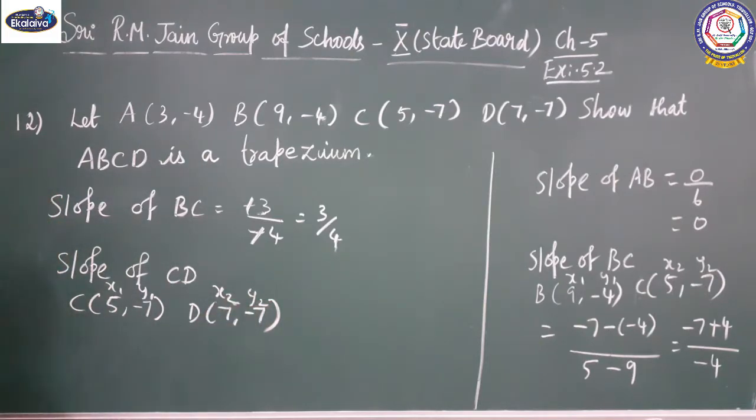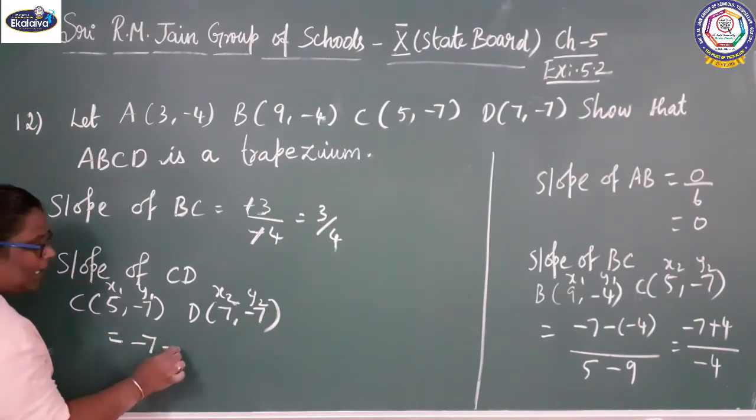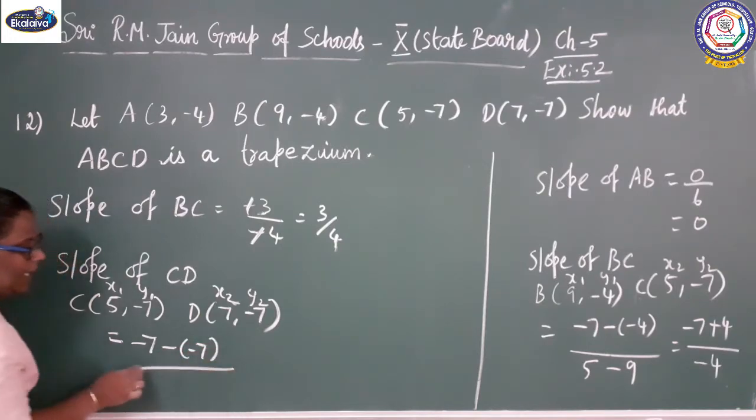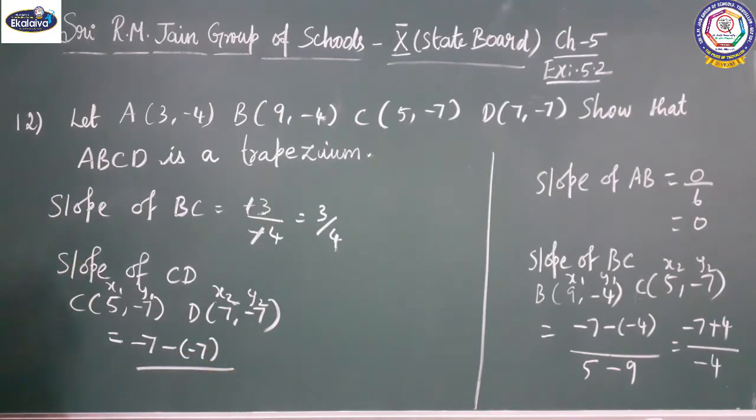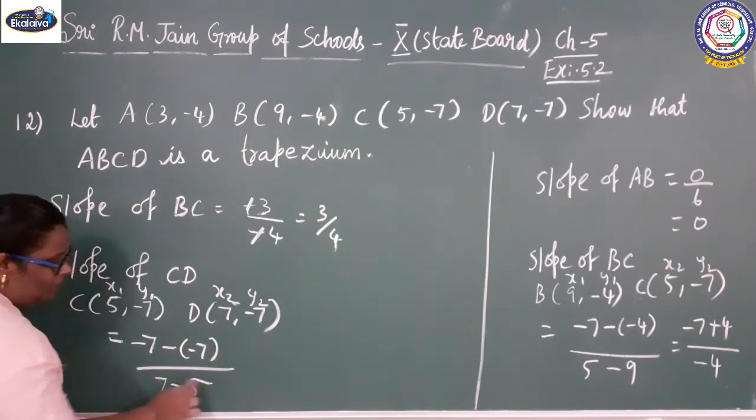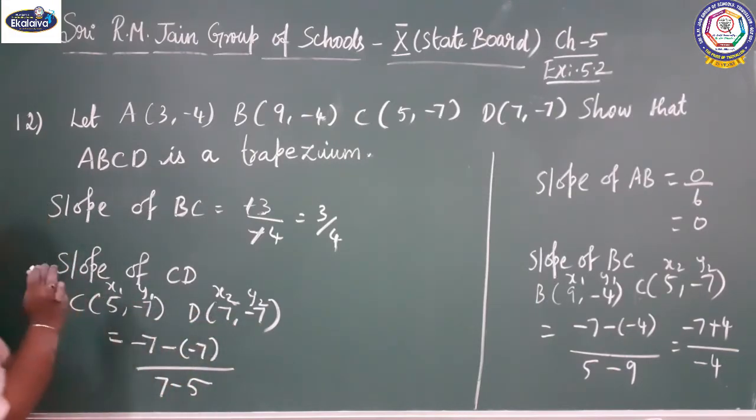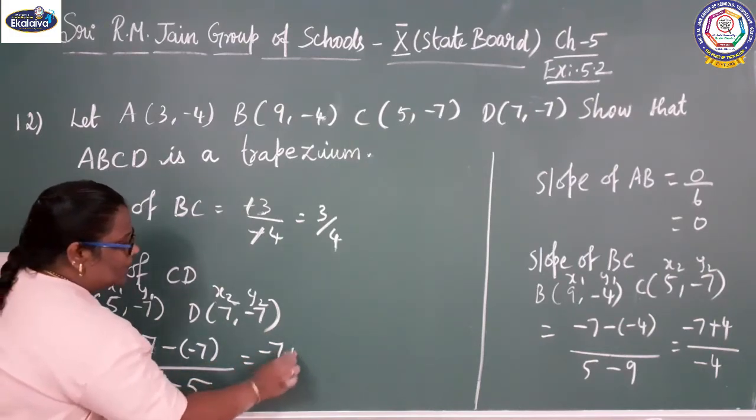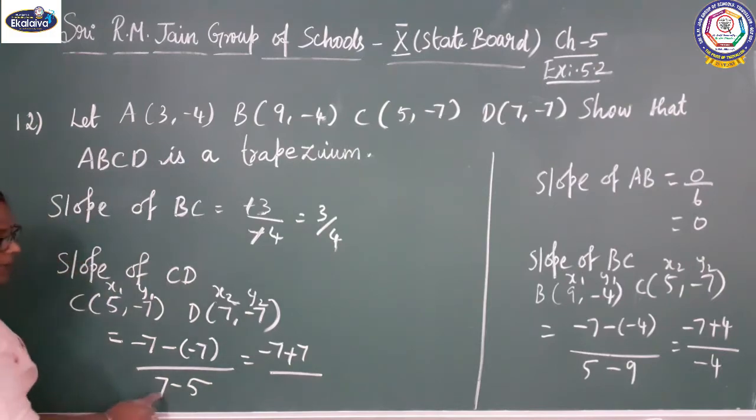So this is x1, y1, x2, y2. Slope of CD equal to y2 minus y1. y2 is minus 7, minus y1, which is minus 7. You can put a bracket by x2 minus x1, 7 minus 5. So it gives minus 7 plus 7 by 7 minus 5, which is 2.